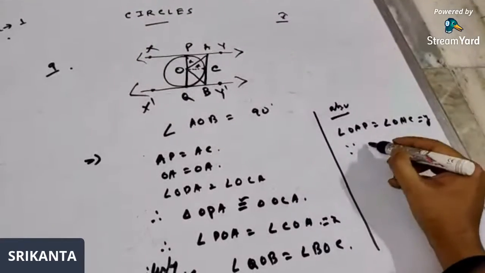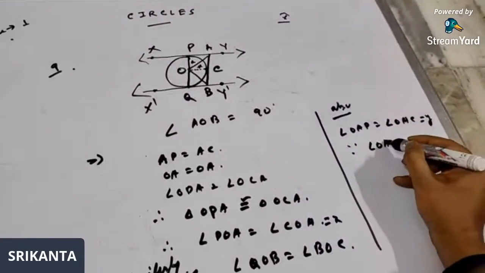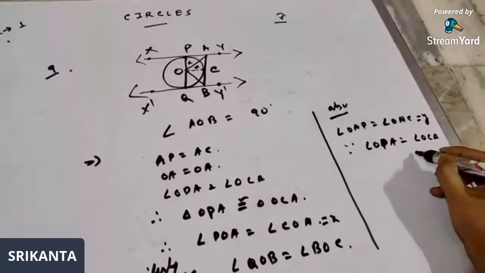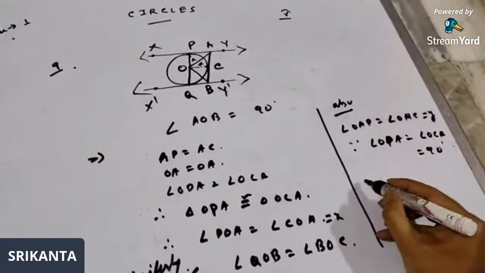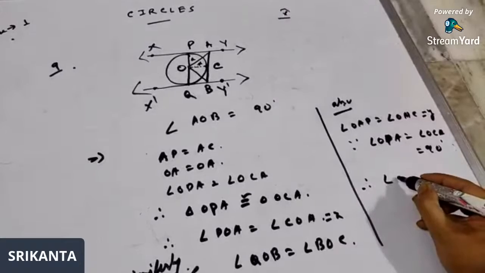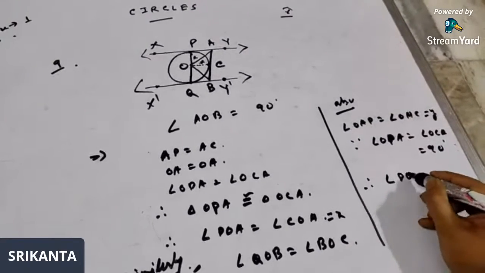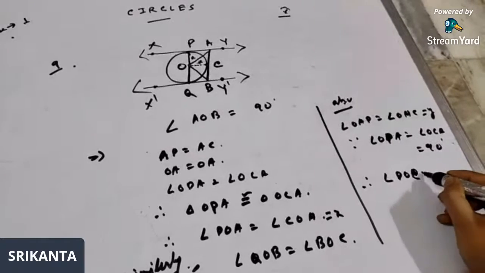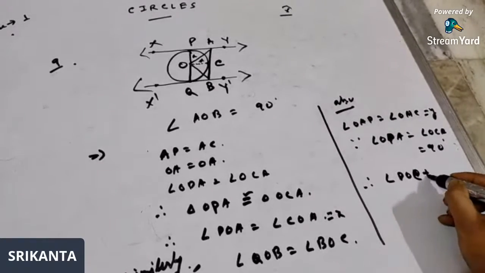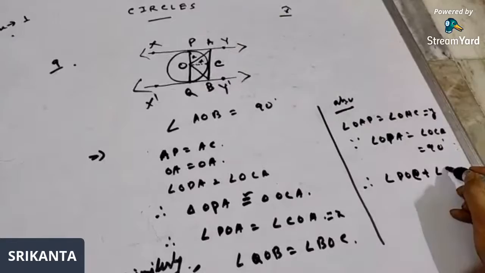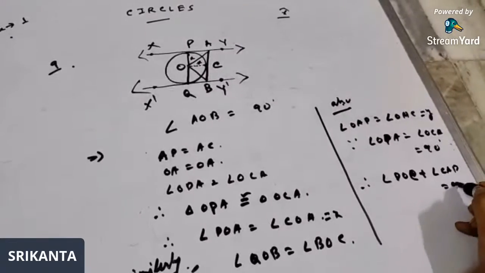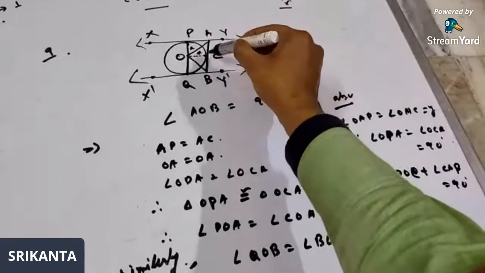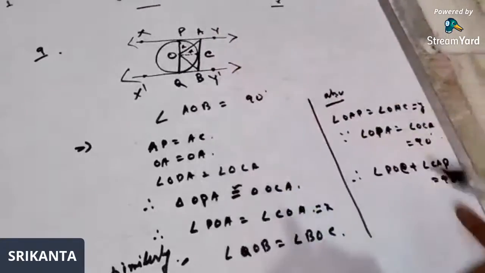Now since angle OPA is equal to angle OCA is equal to 90 degree, angle POA, POC plus angle CAP is equal to 90 degree. Clear? Since these two angles are 90 degrees, their sum is 90 degree.